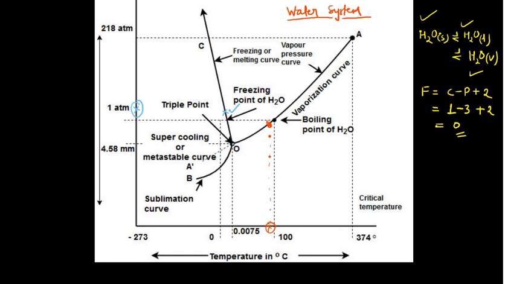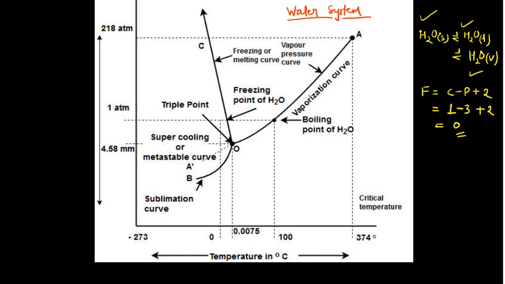So it is very important to note that at the triple point the degrees of freedom are 0, and since the degrees of freedom are 0, the system is invariant. That means you cannot vary any parameter. If you vary any parameter like temperature or pressure, then one phase would be gone. And the important thing is that this question is generally asked in various examinations.